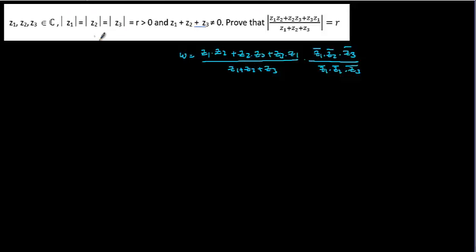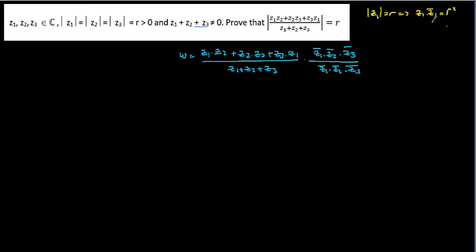Let me write with a different color. Here, if the modulus of Z1 is equal to R, it means that Z1 times Z1 conjugate is equal to R squared.